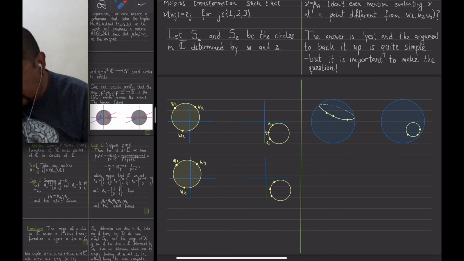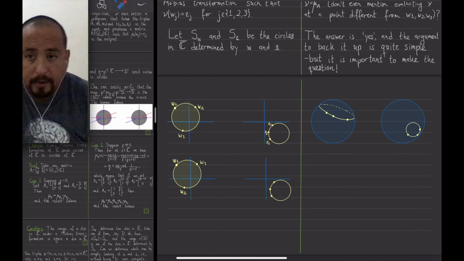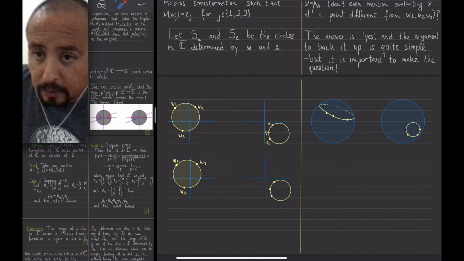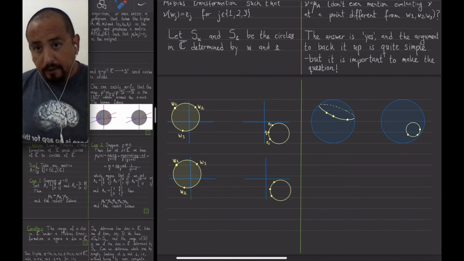In reality, the real reason is that Möbius transformations are orientation preserving.